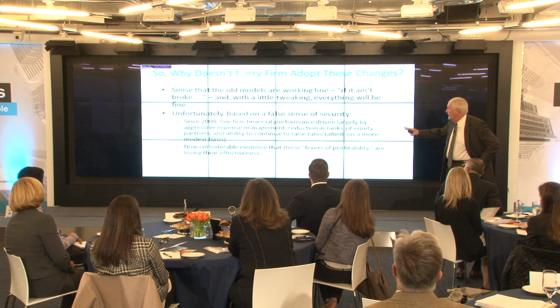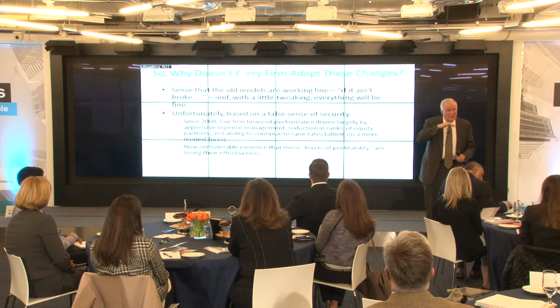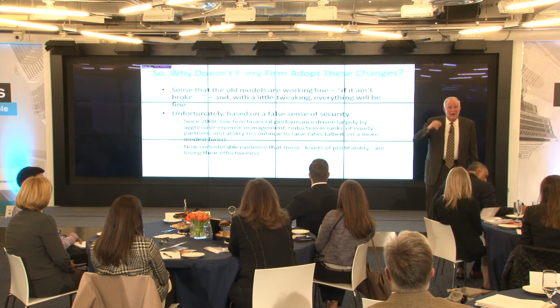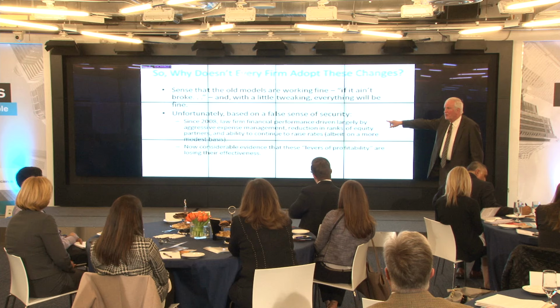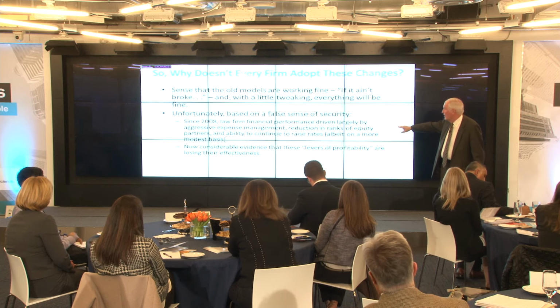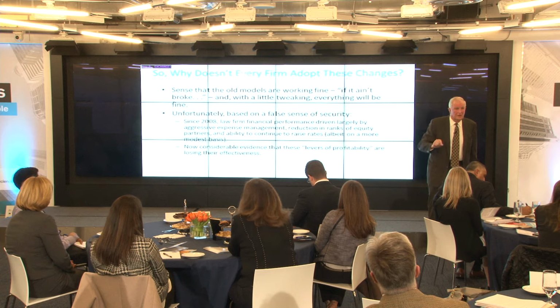Since 2008, law firm performance, which I mentioned has been stable, though a little rocky, has been based essentially on three things. One was the ability to drive expense management quite aggressively. Second, to reduce the ranks of equity partners. And third, to continue to raise rates, albeit at a slower pace than before 2008.